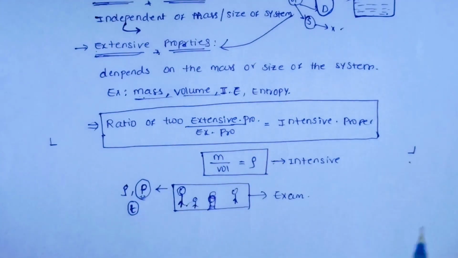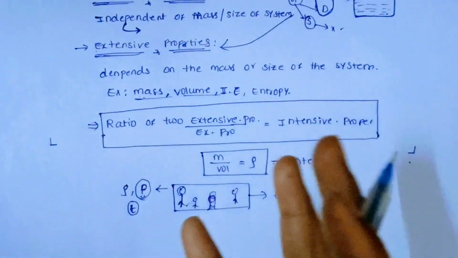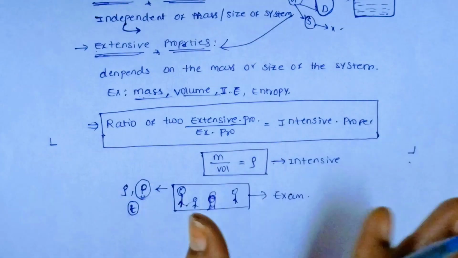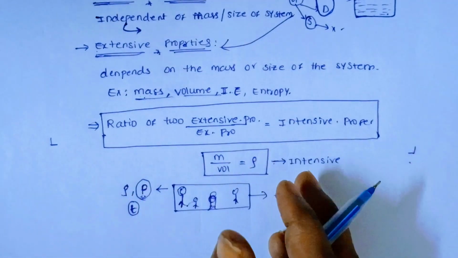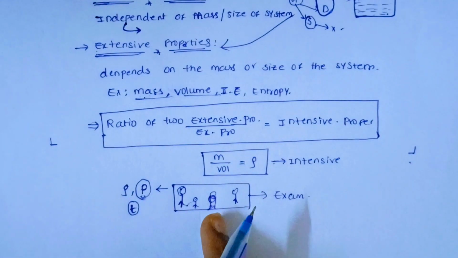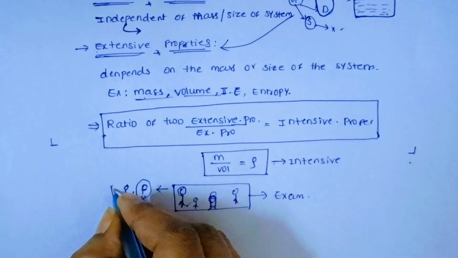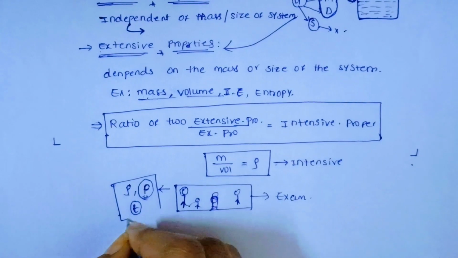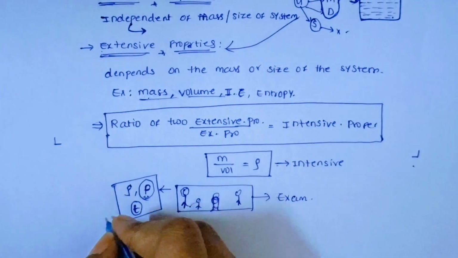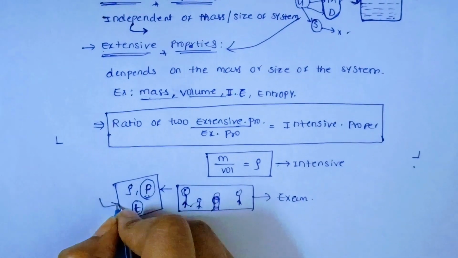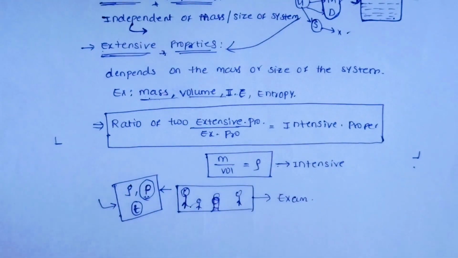So it doesn't depend on mass, na. For equal distribution, the temperature will be equally distributed to every person. So temperature doesn't depend on the mass of the system. Pressure, temperature, and density are the intensive properties, meaning independent of the mass of the system.